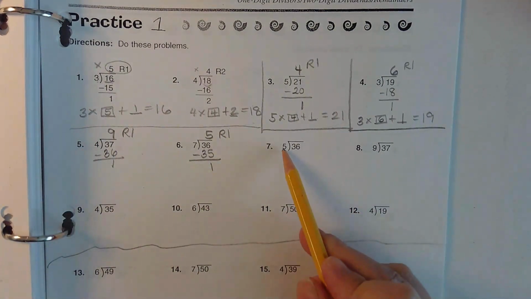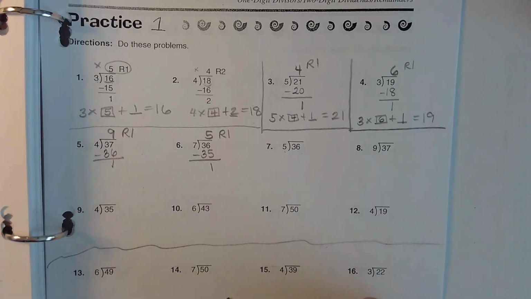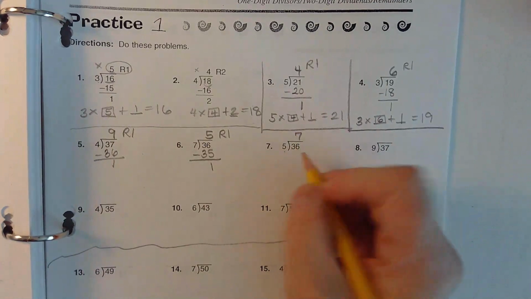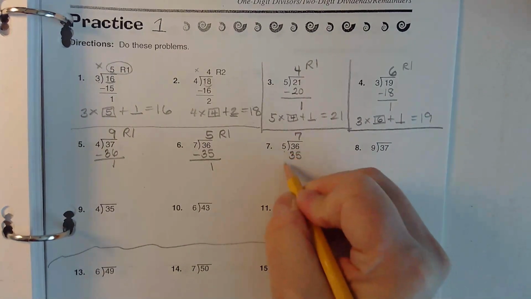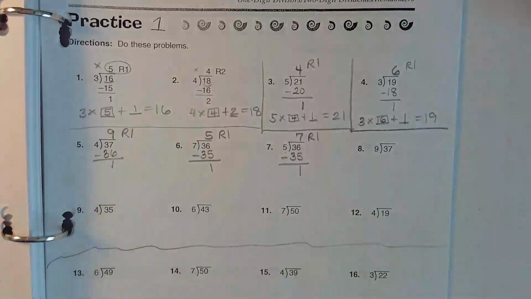All right. Next one. 5 into 36. Count by 5s. 5, 10, 15, 20, 25, 30, 35. I counted 7 times. 7 times 5 is 35. Subtract, you get your remainder of 1.